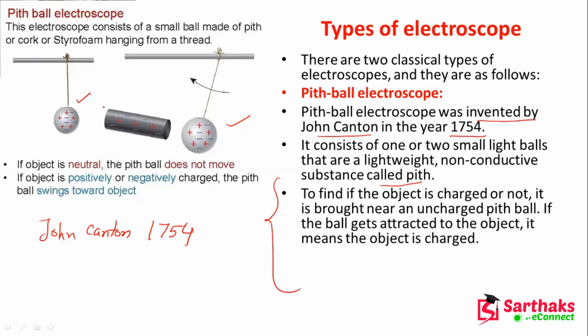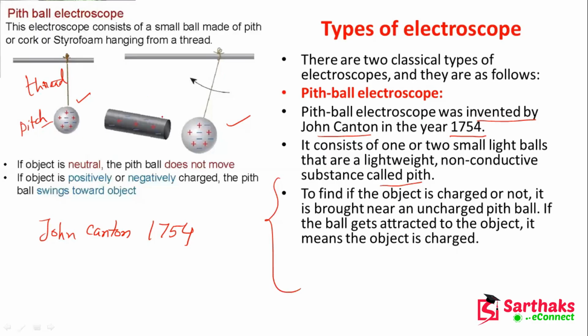Now the pitch ball electroscope, here you can see that one small ball made up of pitch or cork or styrofoam is hanging from a thread. If the object is neutral, the pitch ball does not move.